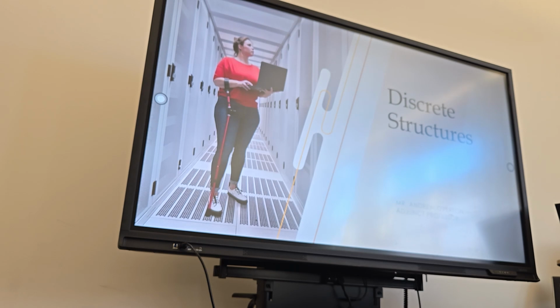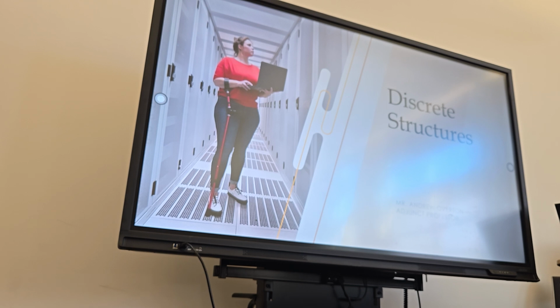For those of you that don't know, this is basically a math class. I see this class as mathematically formalizing common sense.